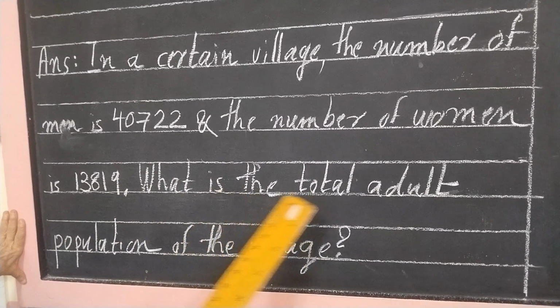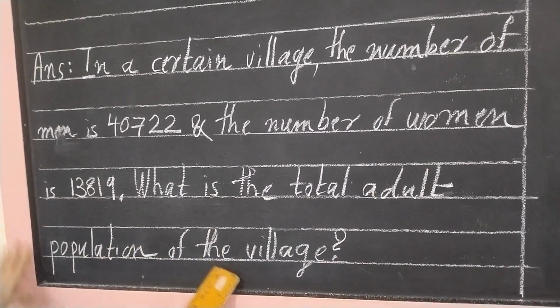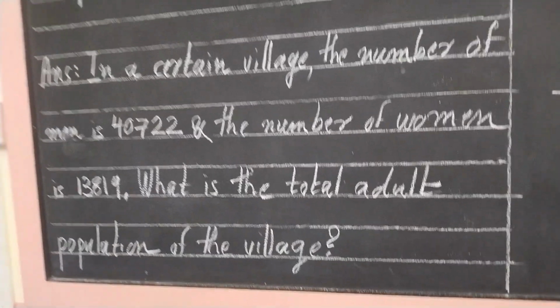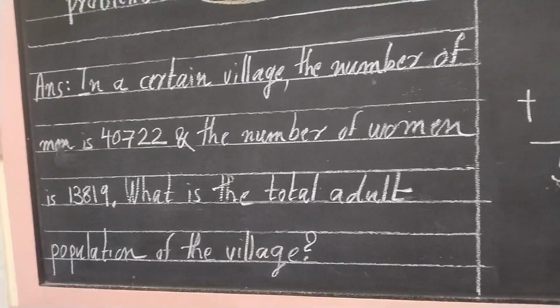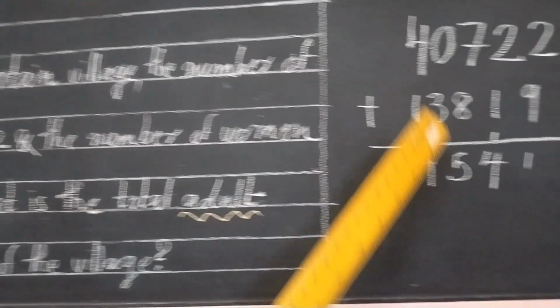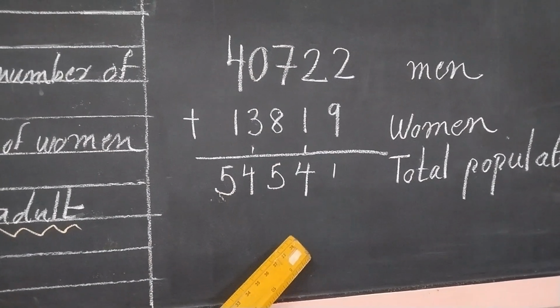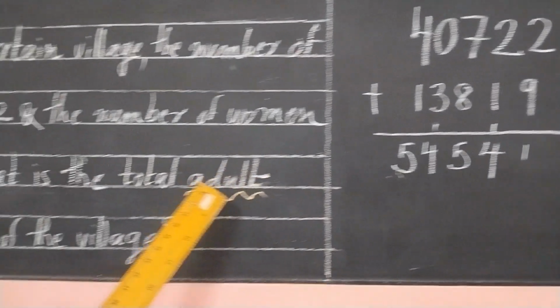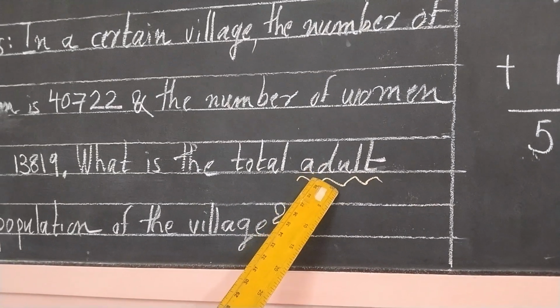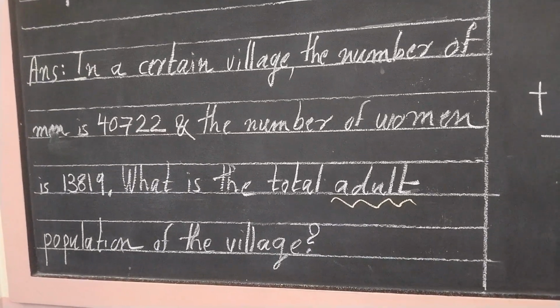What is the total added population of the village? Here we have introduced this word added because when we have solved the sum, we haven't mentioned children, and hence this introduction of added population becomes significant here.